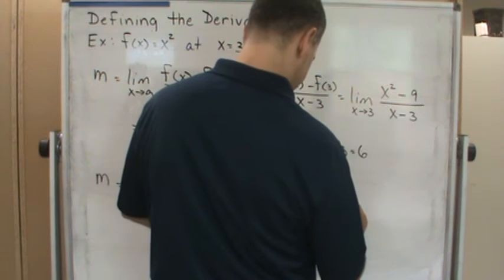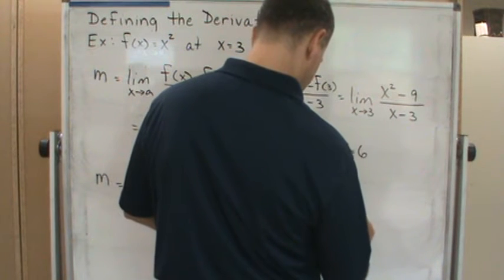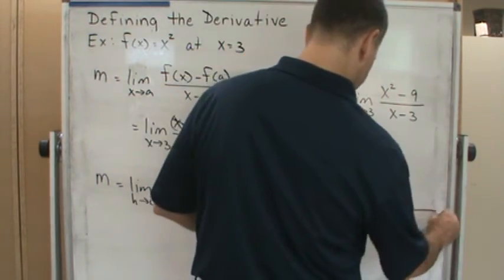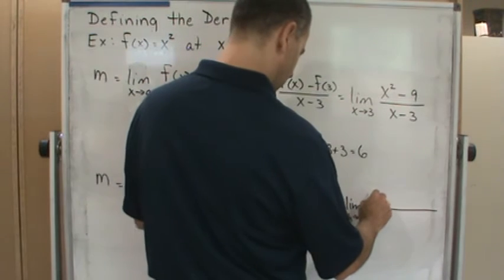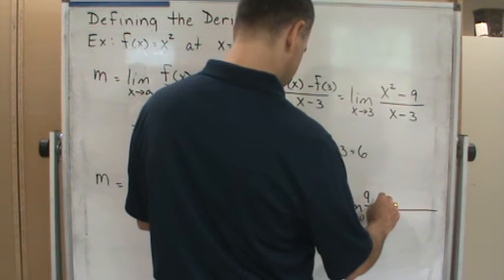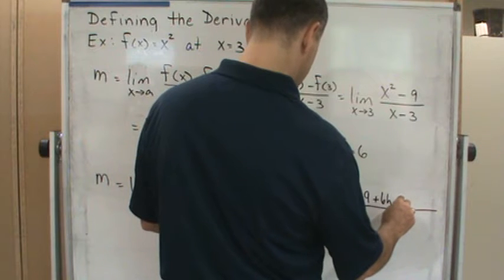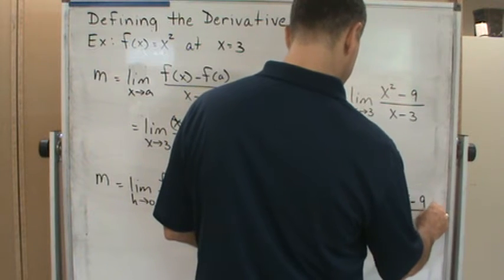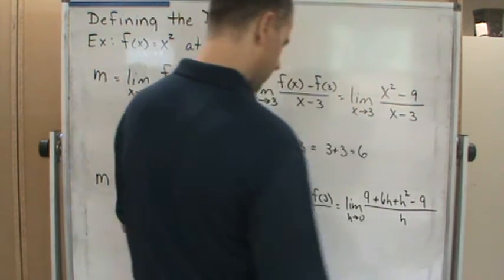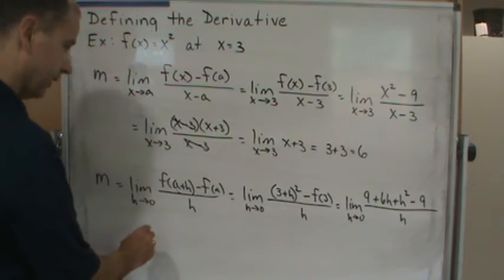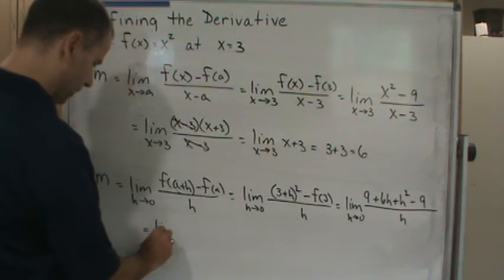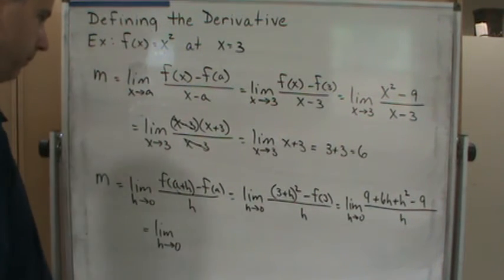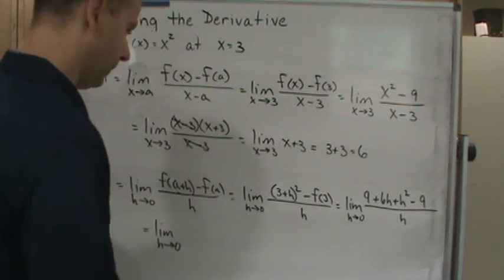So now this is going to be the limit as h approaches 0. Now I'm going to expand out the numerator. This is going to become 9 plus 6h plus h squared minus 9 over h. Now, I'm going to simplify the numerator. Notice what happens here.